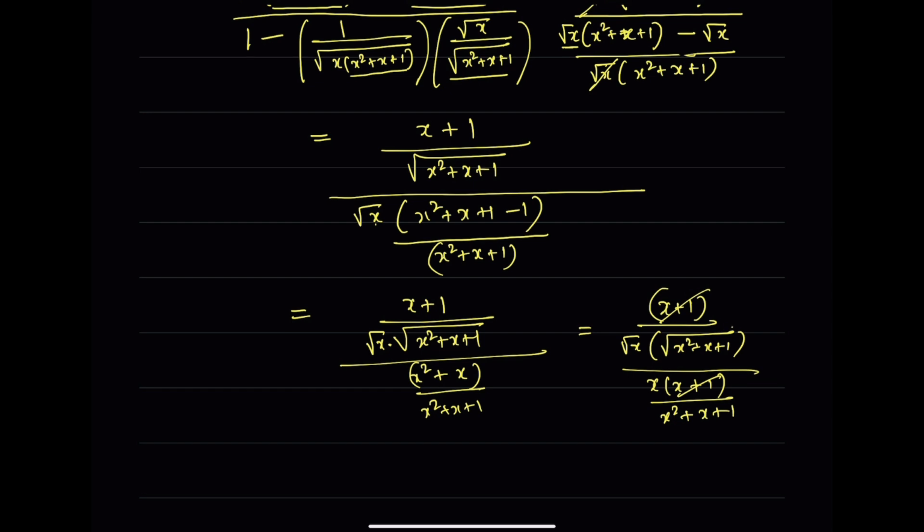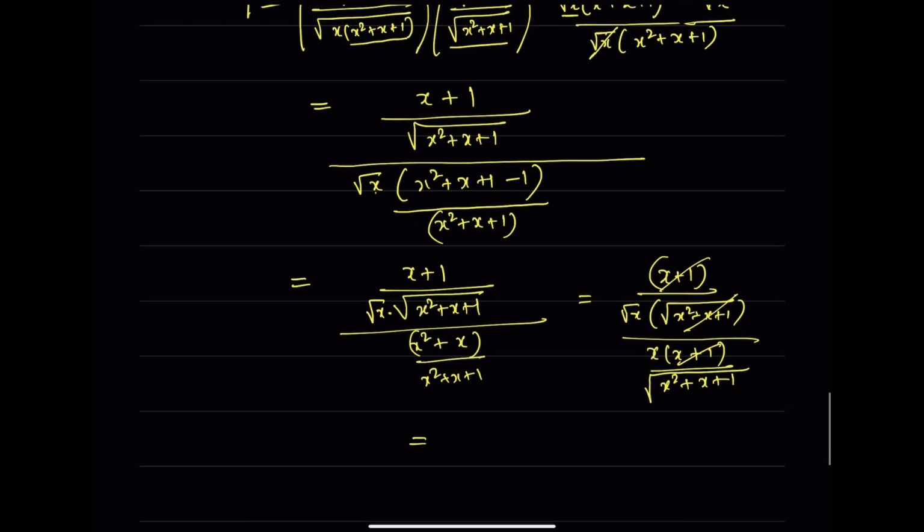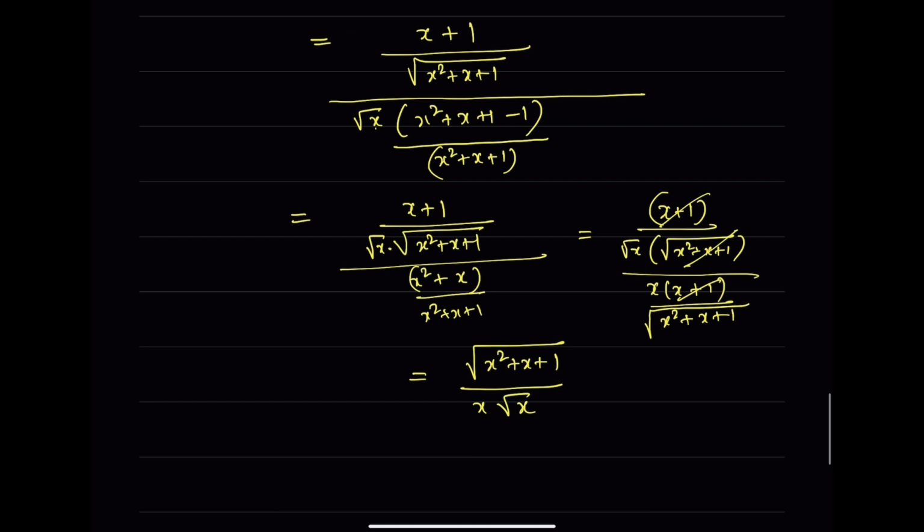Then we can cancel square root of x squared plus x plus 1, but we can add a square root to this. I hope that made sense. So now this would be square root of x squared plus x plus 1 divided by x times square root of x. Those are the only terms that are pending. And just so that we have continuity, this is tan of alpha plus beta.